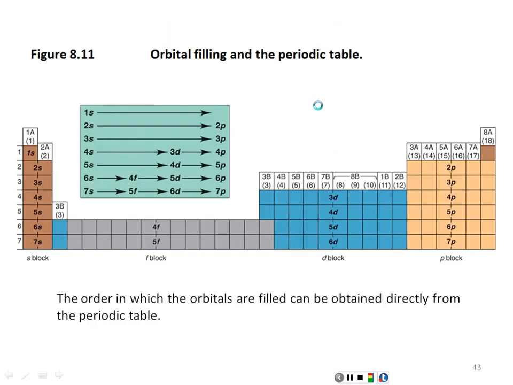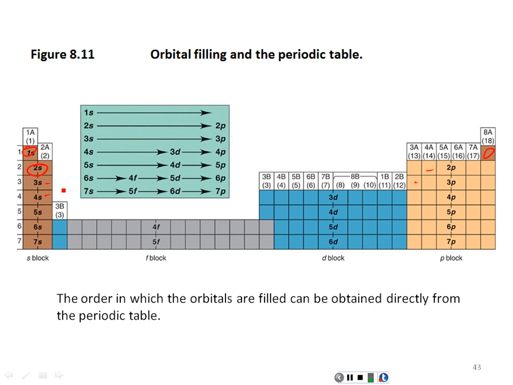But what I really like using is just the periodic table itself. And here's a figure that shows that. Just by counting, you know that those are 1s, these will be 2s, 2p, 3s, 3p, 4s.